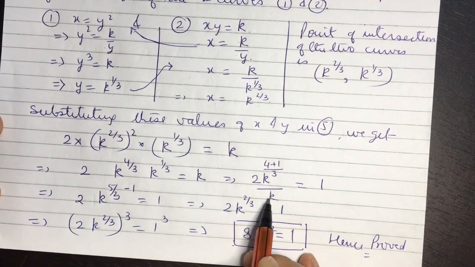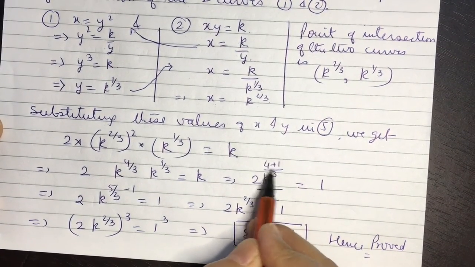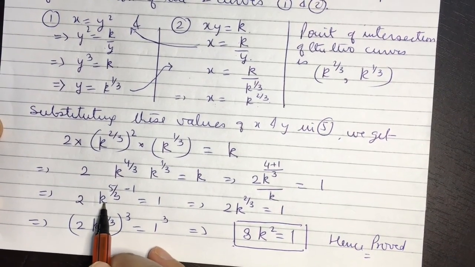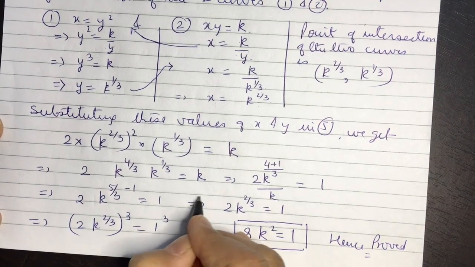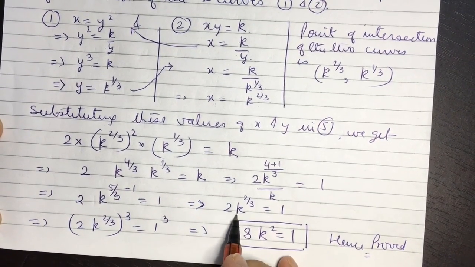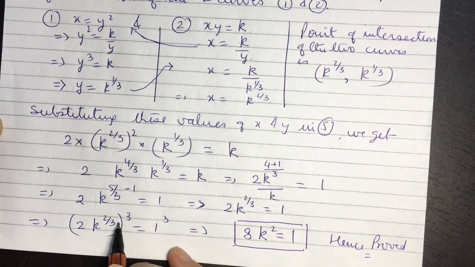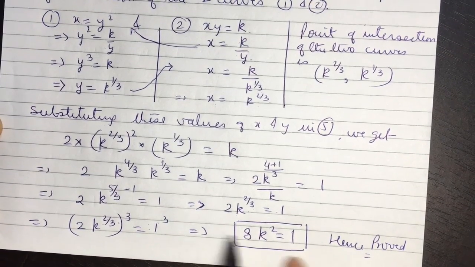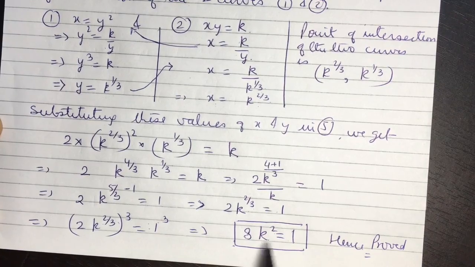This k comes down upon k is equal to 1. This becomes 5 by 3. You take this k up, it becomes 2 into k raised power 5 by 3 minus 1 is equal to 1, which gives us 2 into k raised power of 2 by 3 equal to 1. Finding cube of both sides, we get 8 into, over here this becomes k square equal to 1, which is the required condition, hence proved.